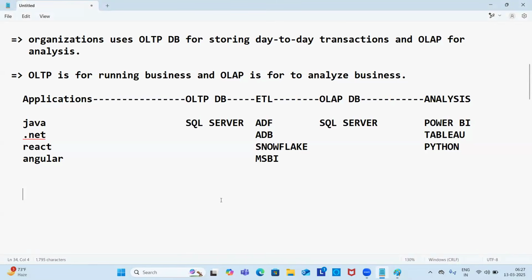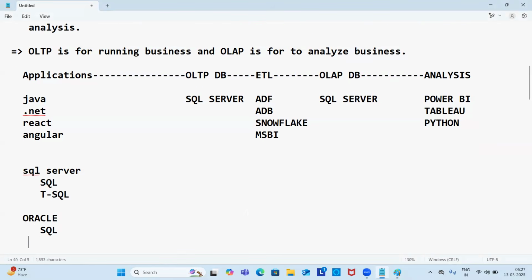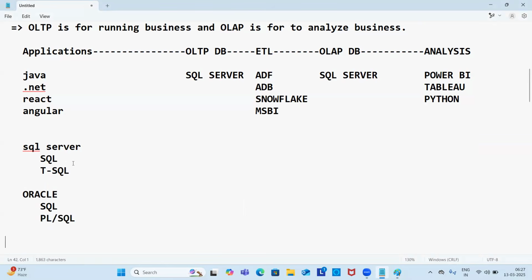Yes. See, here in SQL Server, we have two languages: one is SQL, one is TSQL. If you go to Oracle, there are two languages, SQL and PLSQL. Here, instead of TSQL, they use PLSQL.